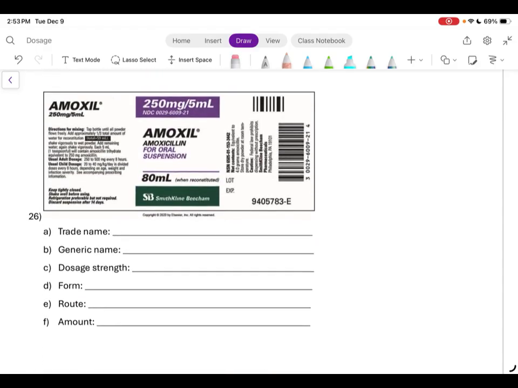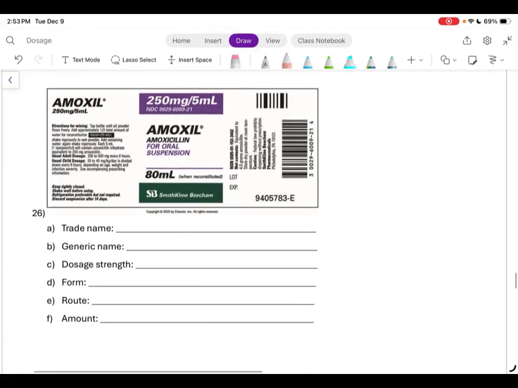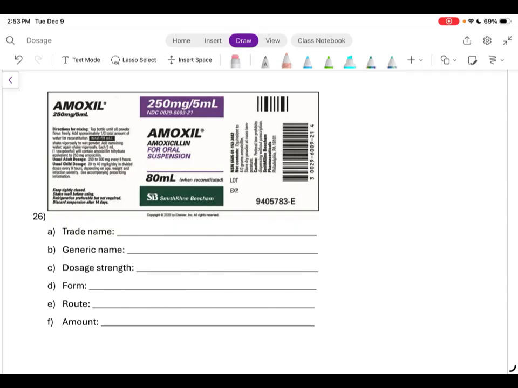Next one, again, trade name, brand name, top, bold, large, so Amoxil. Generic name right below it, amoxicillin. Dosage strength in this one is actually all the way up top, up here. And I do want you guys to get in the habit of writing the whole thing. So it's 250 milligrams per 5 ml.